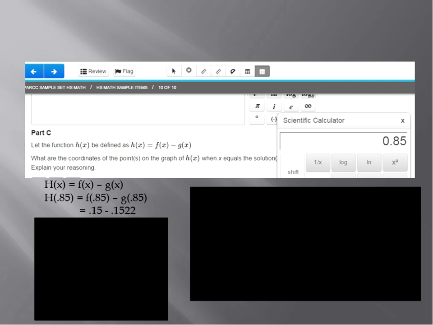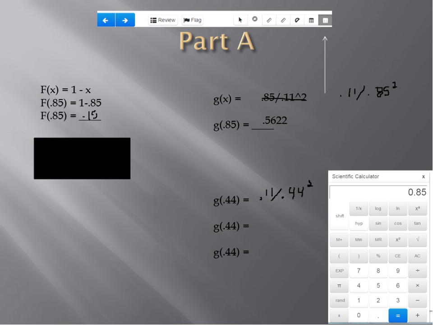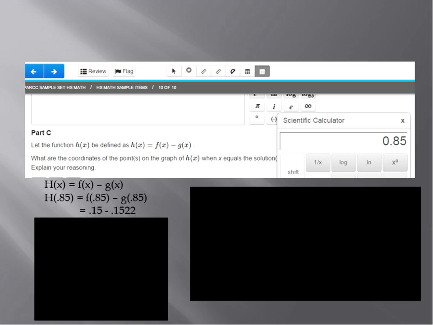Okay, so after we have solved for g of x, so for f of 0.85 and g of 0.85, we can substitute those values into h of 0.85, since h of x equals f of x minus g of x. So f of 0.85 equals 0.15 minus 0.522.